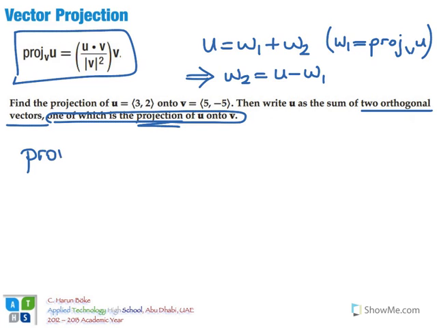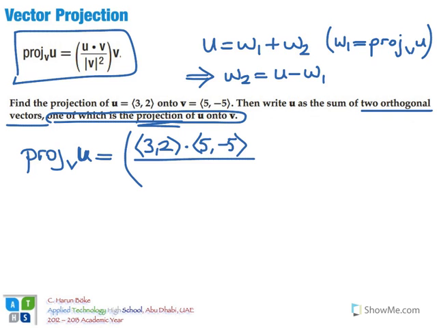So the projection of u on v will be the dot product of u, let's substitute u, (3, 2), dot (5, -5), divided by the magnitude of v squared. So it will be the square root of 5 squared plus minus 5 squared, and then it says the square of the magnitude, so it is a square here. So when we simplify, we get the following.